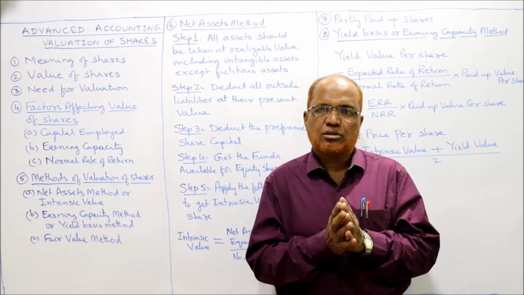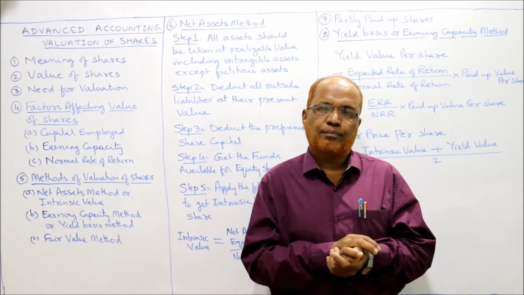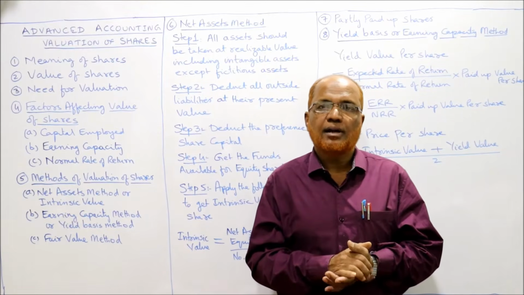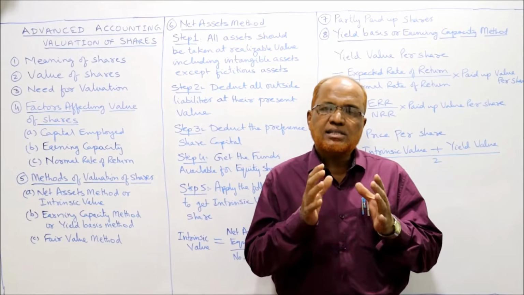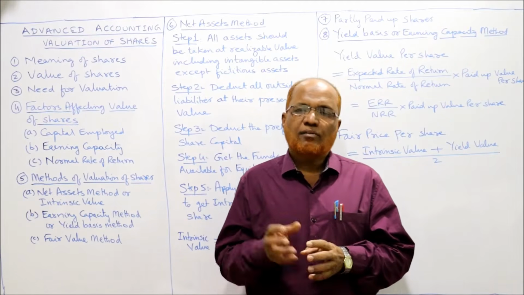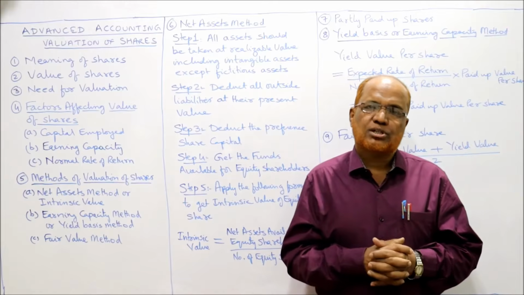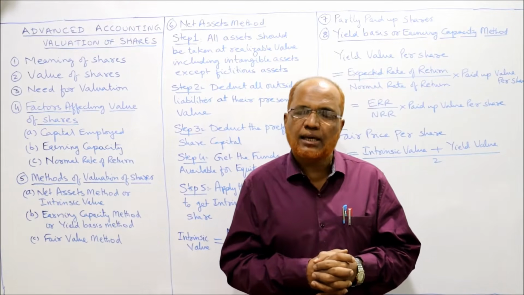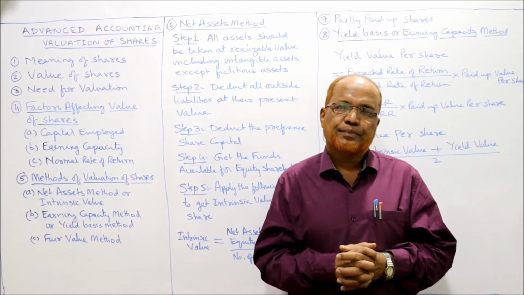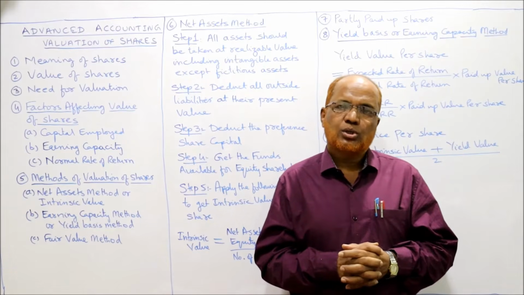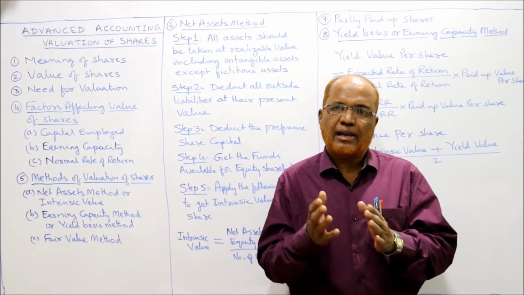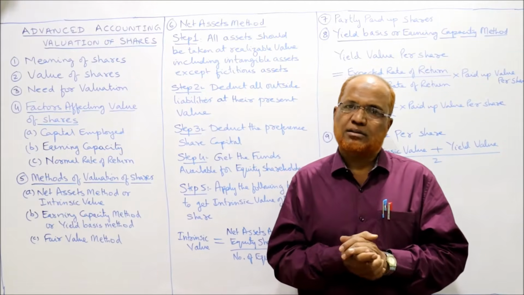The value of the share that we find from the company's balance sheet by considering all assets and liabilities is called the intrinsic value. The last is yield value. It is the value of the share computed by considering the profitability or earning capacity of the company. So we have different values: intrinsic value, yield value, market value, and face value.